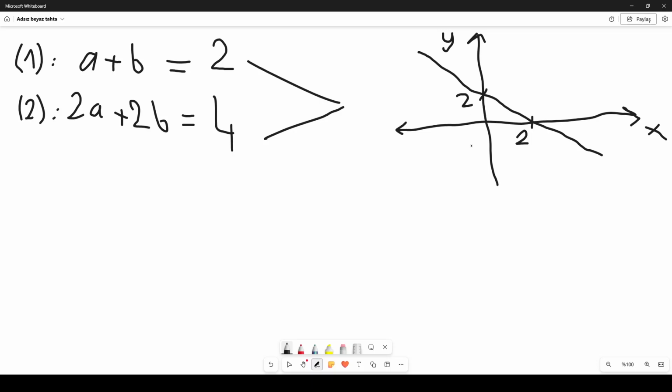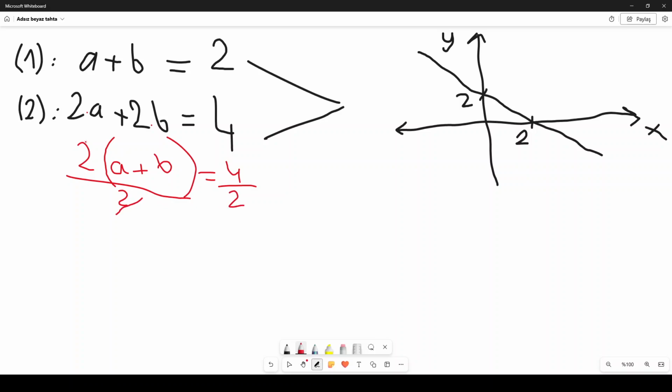And how about the second equation? Well, the thing is that they are the same line, right? Because if you cancel out these 2's, in other words, if I parenthesize, they have a common factor, as you may notice. I can parenthesize because 2 is the common factor on the left-hand side of the equation as well as on the right-hand side. You see, if I parenthesize 2 times (a plus b) is equal to 4, and then divide both sides by 2, what do we get?